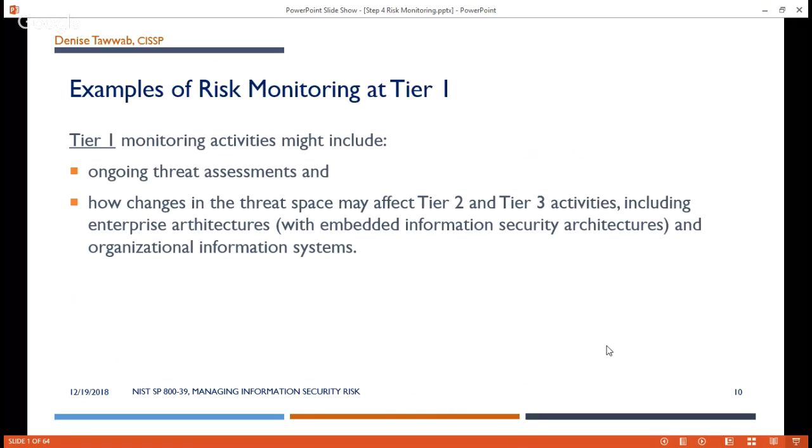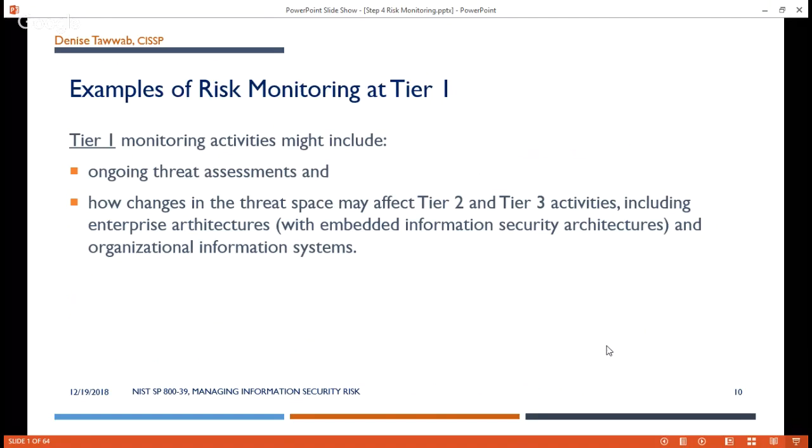Some examples of risk monitoring. Let's start with Tier 1. Tier 1 risk monitoring activities might include ongoing threat assessments. So we've done our risk assessments. We've gone through the process. We've implemented some controls, and our environment is secure based on our risk assessments and the outcome of going through the risk management process. But guess what? It's not a one and done deal.